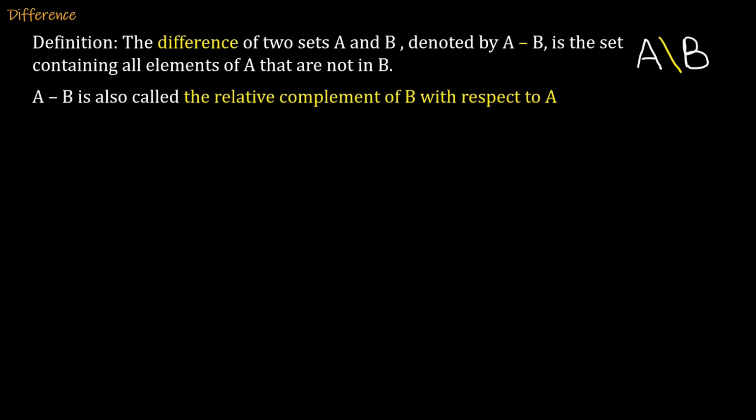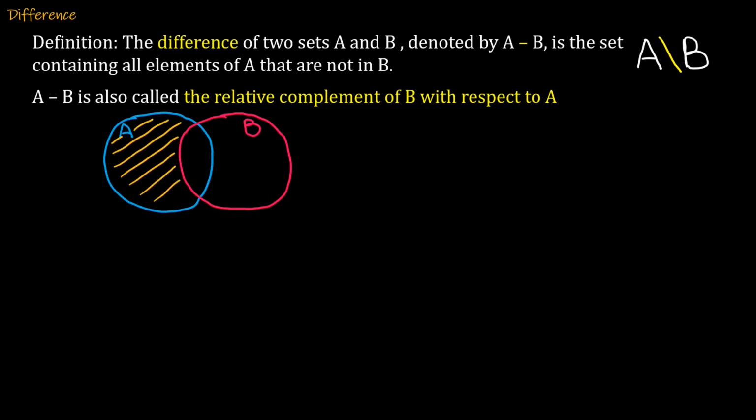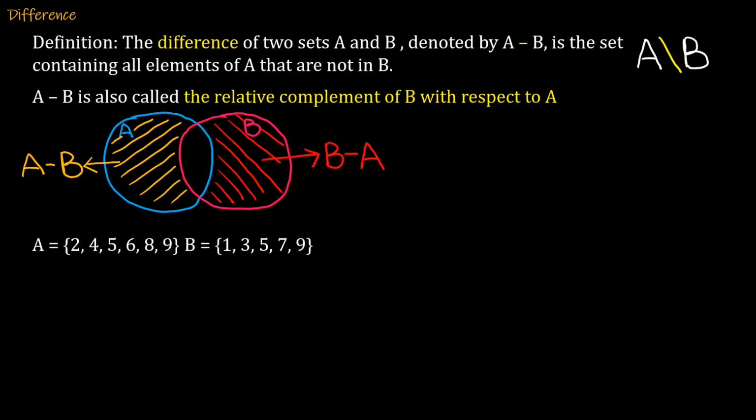In the Venn diagram, A minus B is the area only belonging to A, and B minus A is the area only belonging to B. For example, for the given sets A and B, A minus B contains 2, 4, 6, and 8.